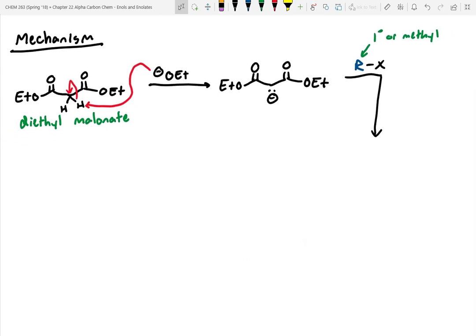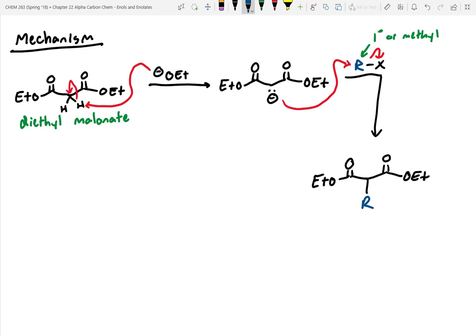Okay, so now we've got that alkyl halide. We can do our SN2 substitution, kick off that halogen, and we'll alkylate the diethyl malonate. So we've got this R group dangling off that central alpha carbon.